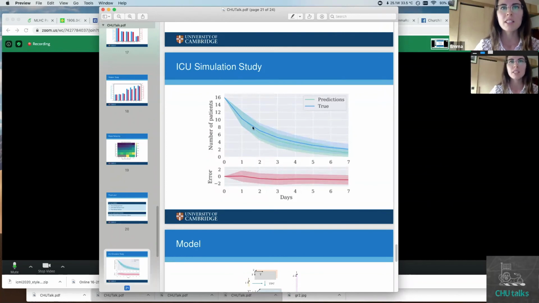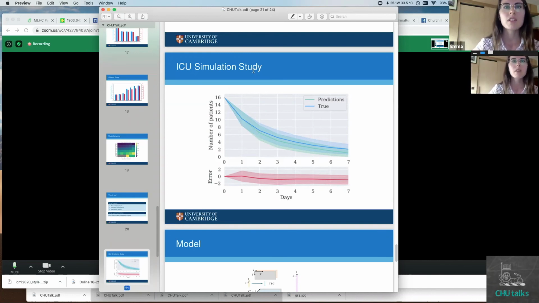But one of the things that's important when it comes to bed management isn't just individual uncertainty, it's the uncertainty overall when you look at all the patients currently in ICU.